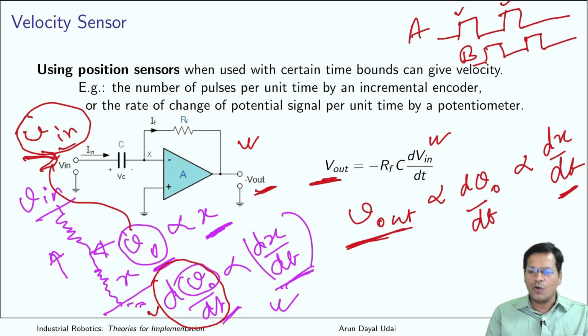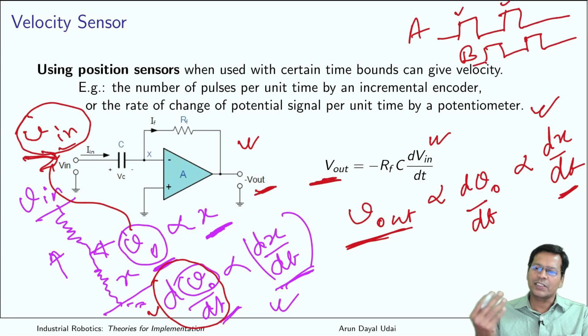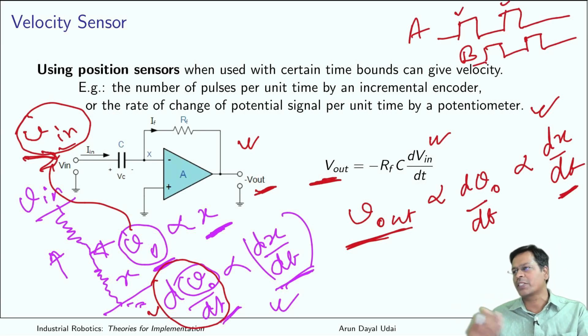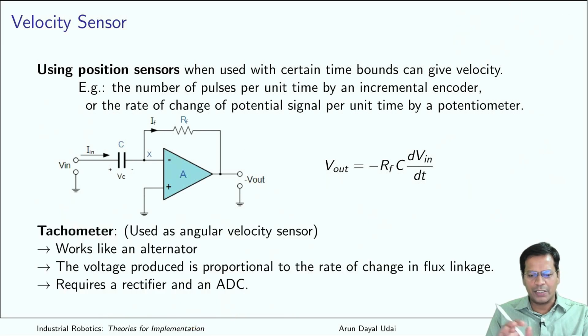You have to know the width per unit time, which depends on the resolution of your encoder, and then you can get the sense of velocity. Magnetic encoders also give you output as pulses. In that case you can simply count the number of pulses per unit time, and that will give you a sense of velocity. So these are various good ways of doing it.